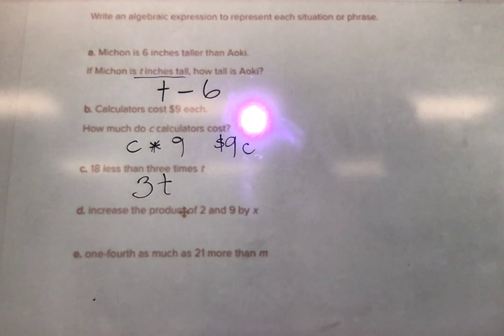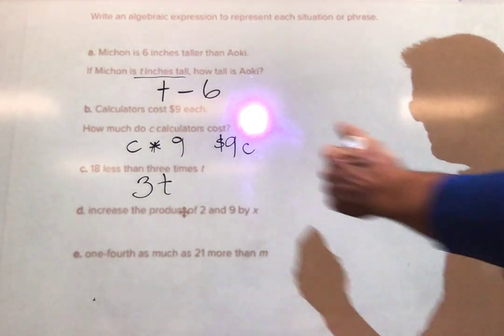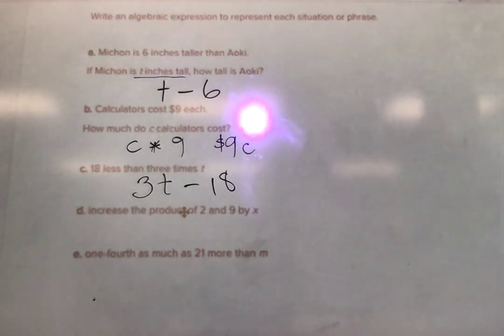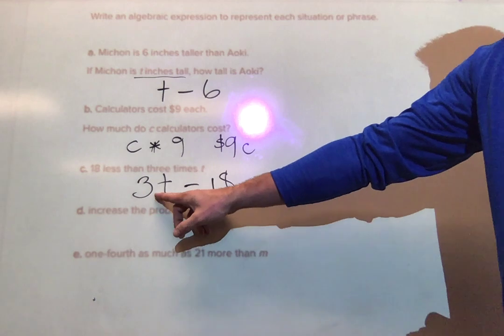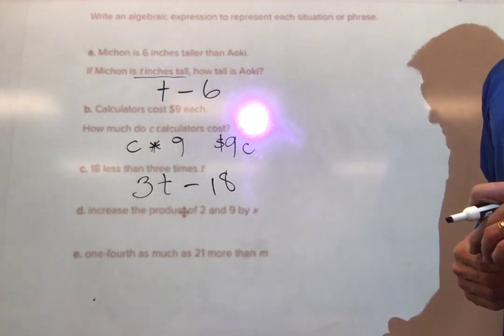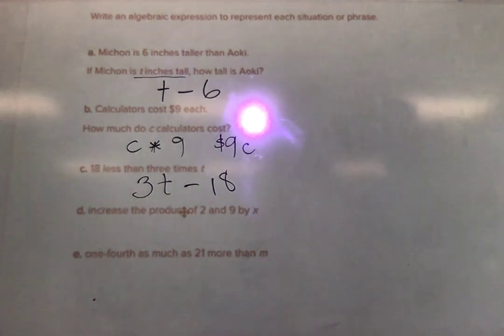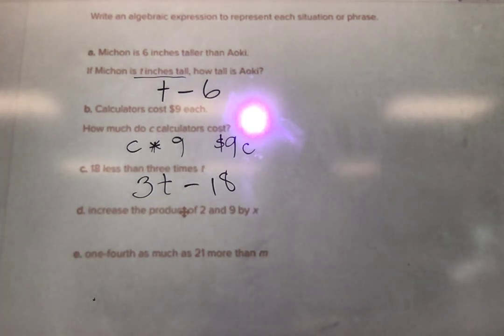We know that means 3 times T. And then to get 18 less than that, I can just subtract 18. I don't need parentheses here because with order of operations, I always multiply before I subtract anyway. So 3T subtract 18 gets you 18 less than 3 times T.